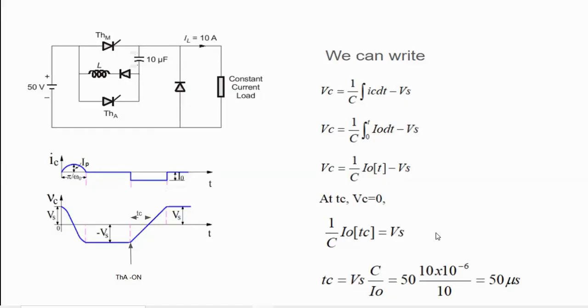Substituting the values of Vs, I naught, which is given as 10 ampere, and C, we get the value of Tc as 50 microsecond. This is the required answer. So the circuit turn-off time Tc will be equal to 50 microsecond. Thank you.